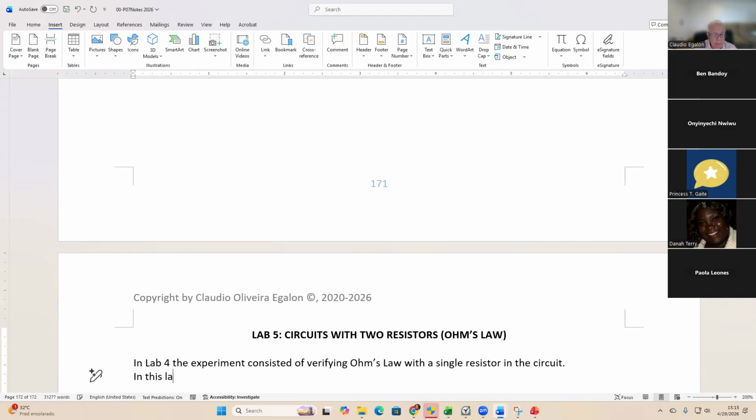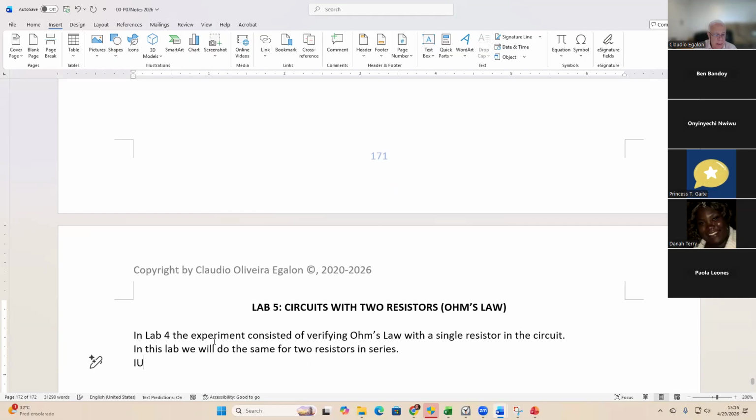In this lab, we will do the same for two resistors in series. In lab 6, we will repeat this for two resistors in parallel.